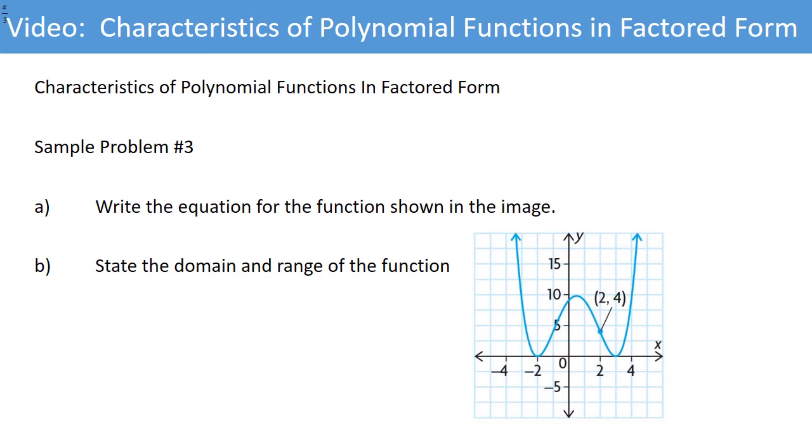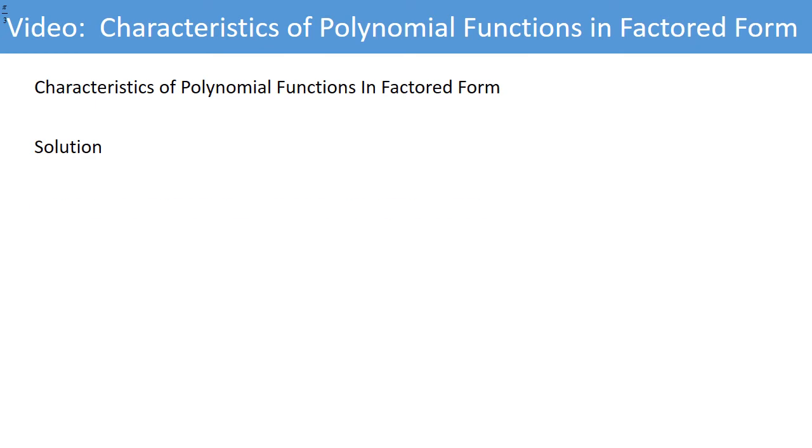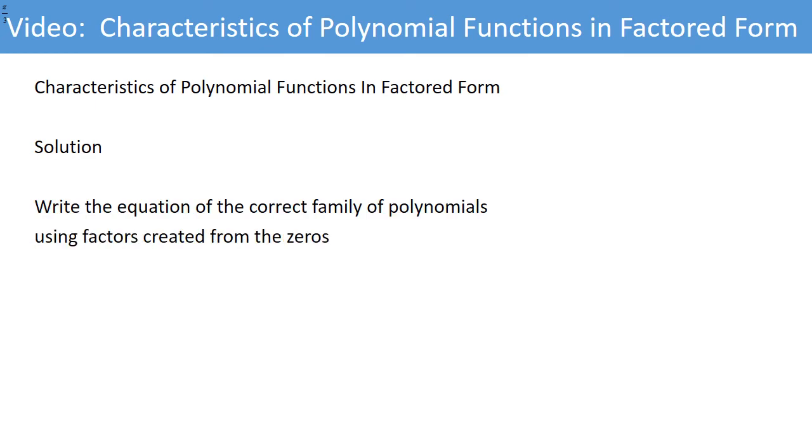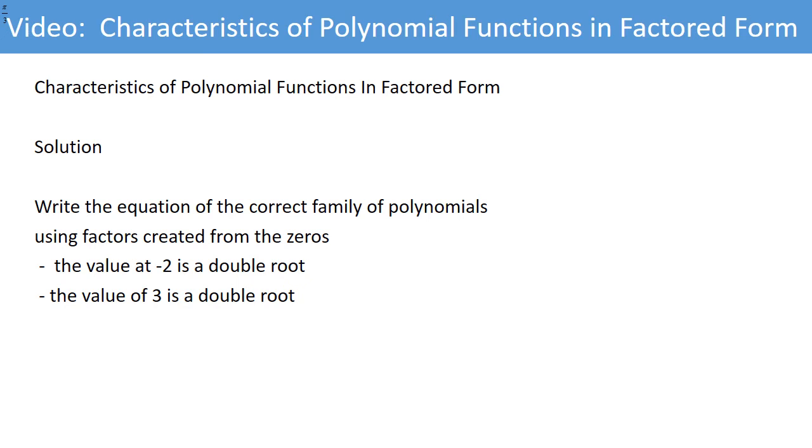If we looked at the end behaviors, we would be able to determine the degree of the equation. So, first of all, we want to write the correct family of polynomials using the factors. The negative 2 is a double root, and the value of 3 is a double root. So we would write that in the form y equals, or f of x equals, a times x plus 2 squared, x minus 3 squared.